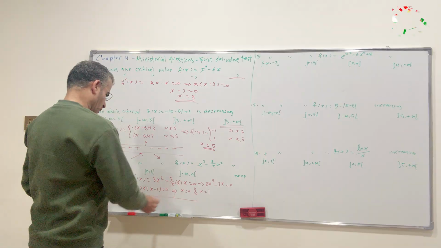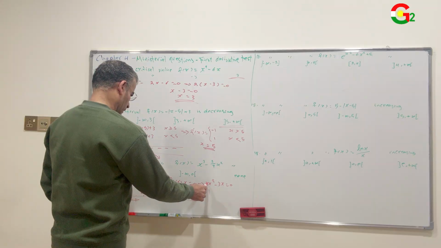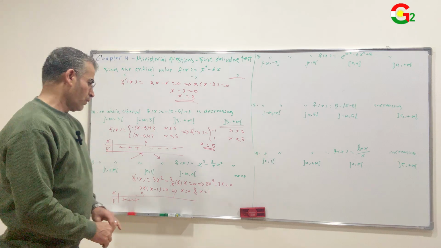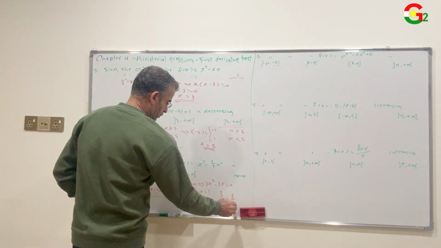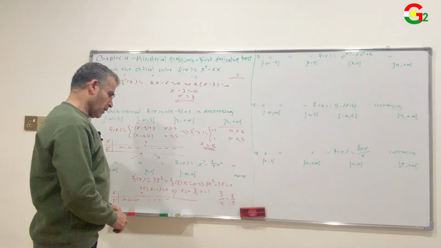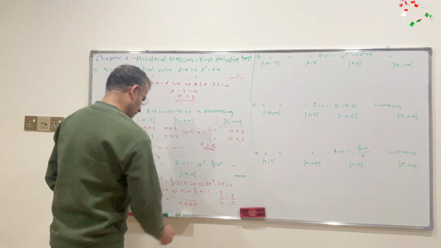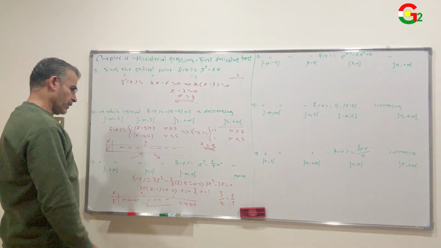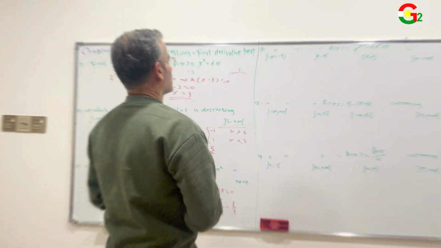When x is between 0 and 1, take 1 half: 3 times 1 half squared is 3 over 4, minus 3 over 2, it is a negative value. When x is greater than 1, take 2: 3 times 4 is 12, minus 6, it is a positive value. Then the interval of decreasing is from 0 to 1, open interval. Choice B.